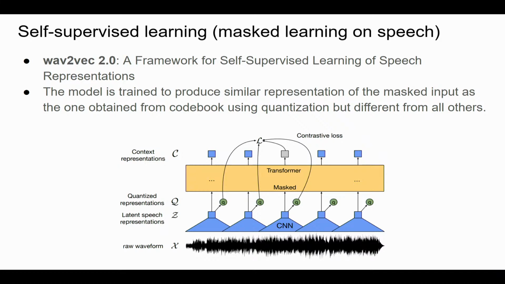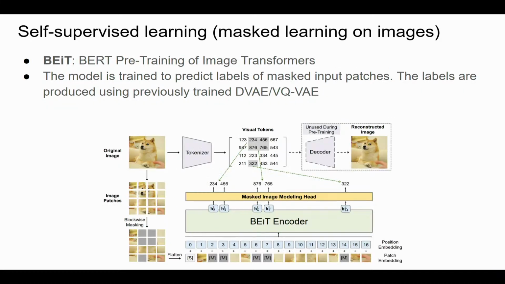Q means it gets translated to a discrete value, 50143, and this is what I try to predict. In vision, for example, BEiT is the first method which did that. BEiT is BERT pre-training for image transformers.